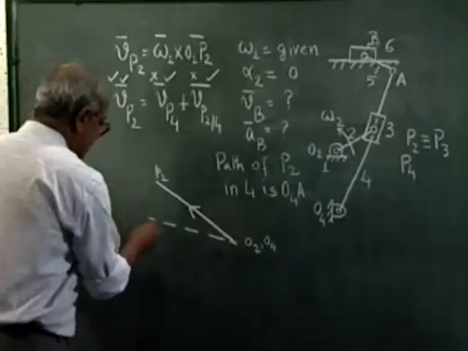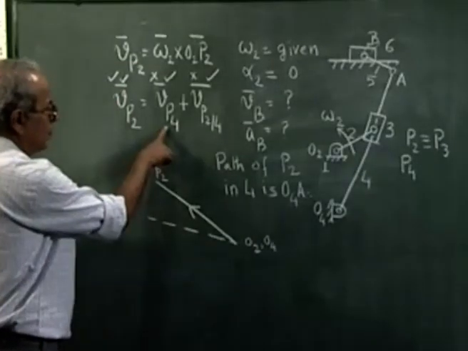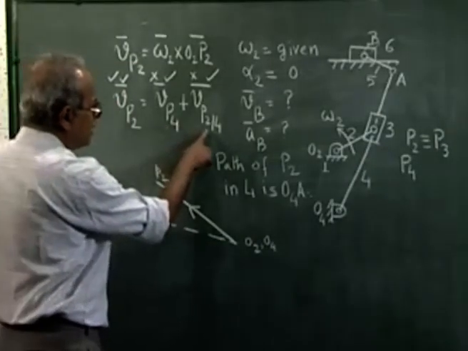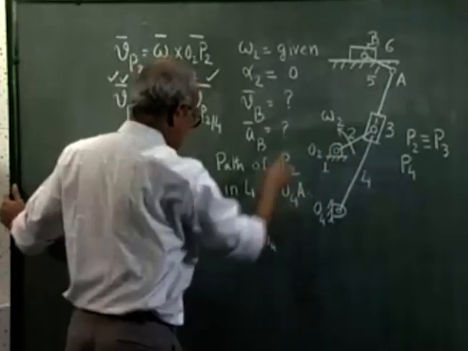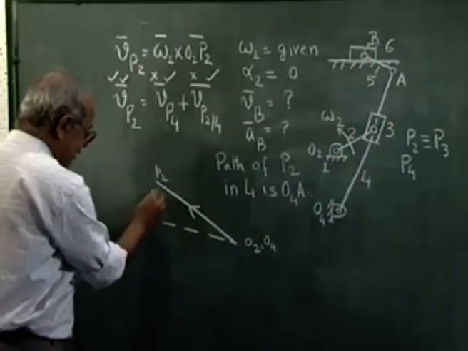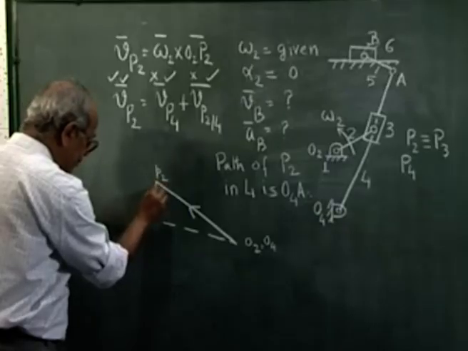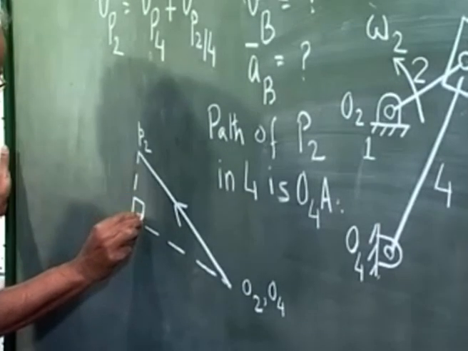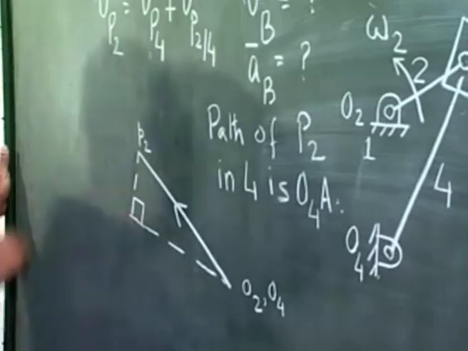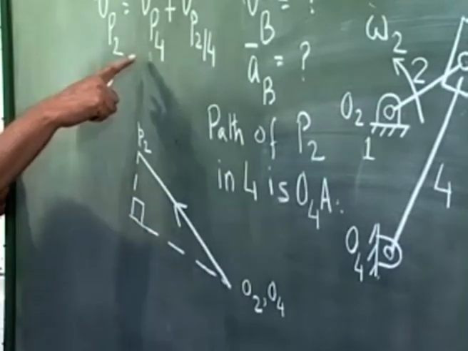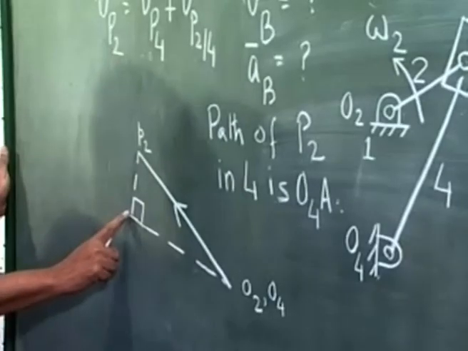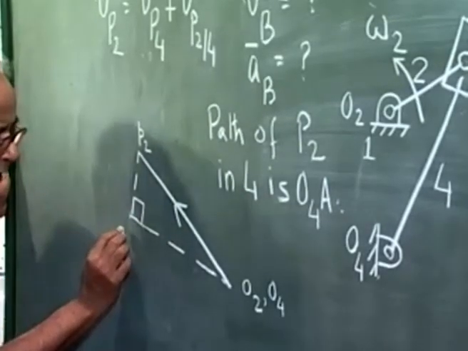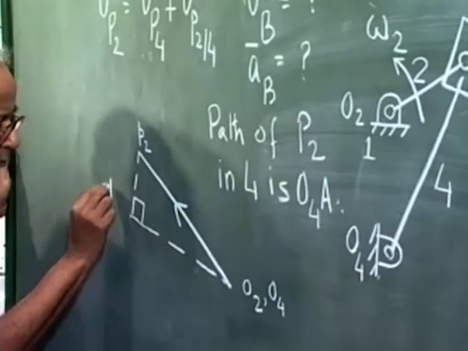So this vector must represent Vp4, and Vp24 is along O4A, that is perpendicular to this line. So I drop a perpendicular from p2 to this line. This is perpendicular. So to satisfy this vector equation, this point must be p4.